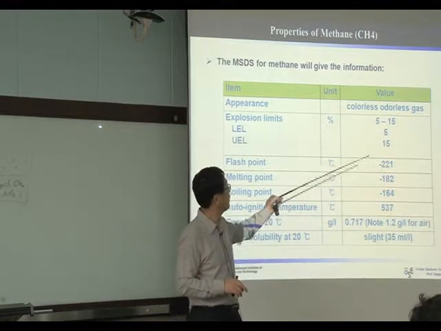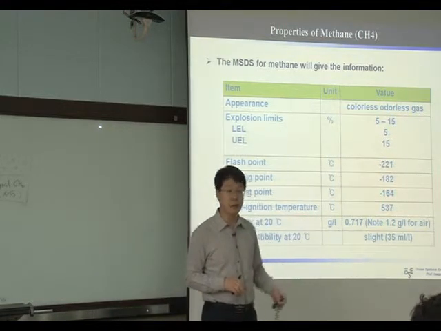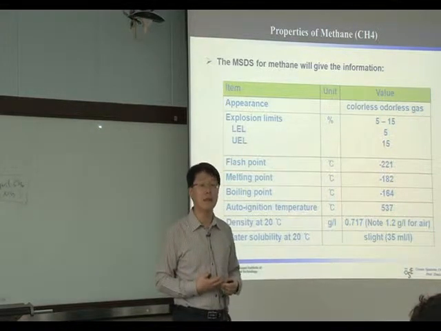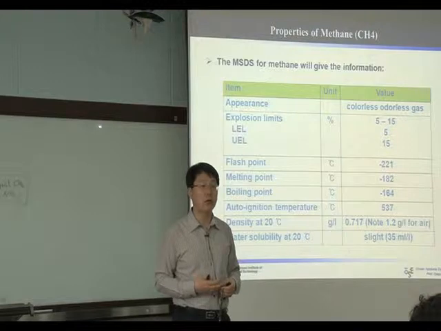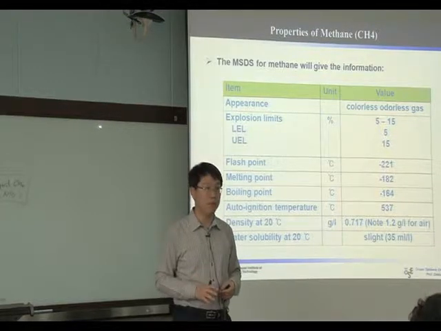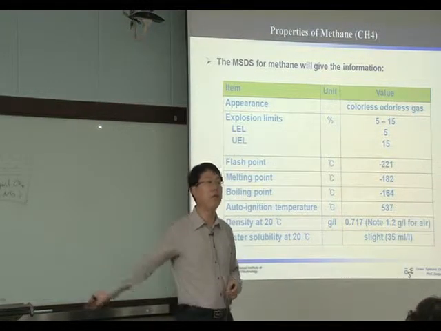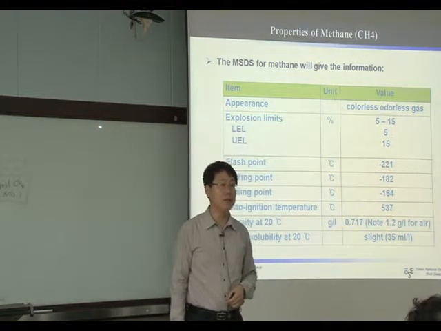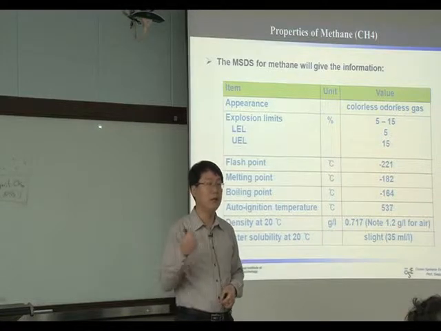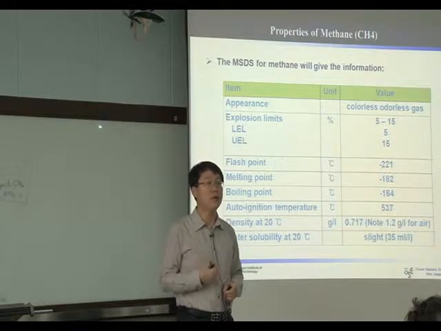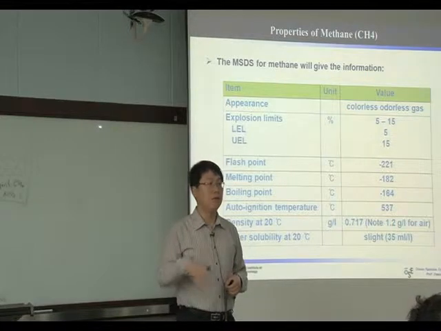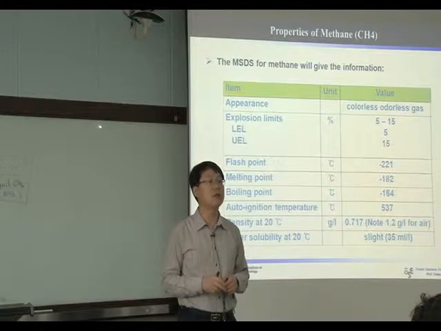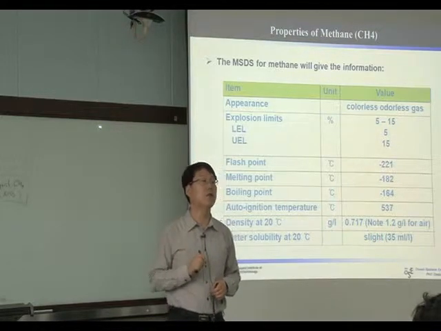If the methane concentration is greater than 50%, the concentration of oxygen is too low, so we cannot ignite the flame. If this room has 50% of methane, and even though we try to ignite the vapor in this room, nothing happens because the concentration of oxygen is too low.